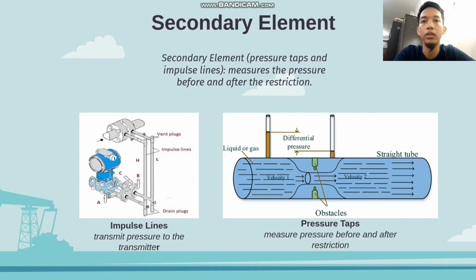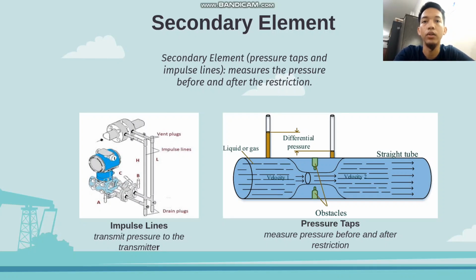The secondary element includes the pressure taps and impulse lines. Its main job is to measure the pressure before and after the restriction created by the primary element. Pressure taps are small openings placed on the pipe to measure the pressure at two points, just before and just after the restriction.